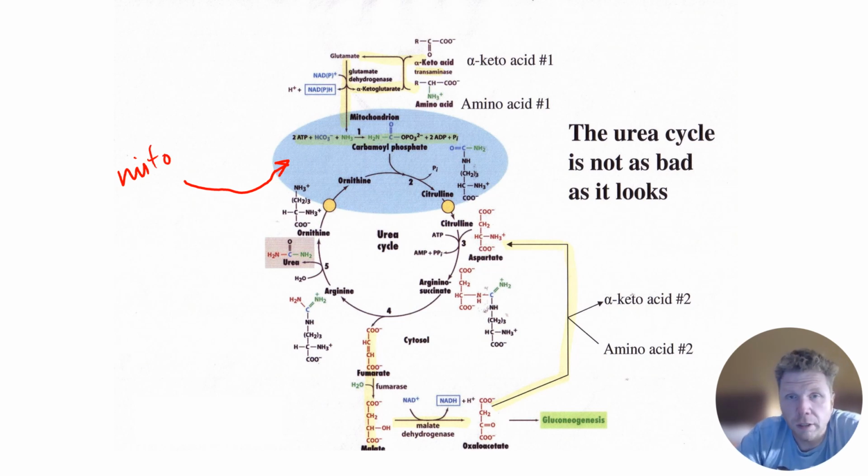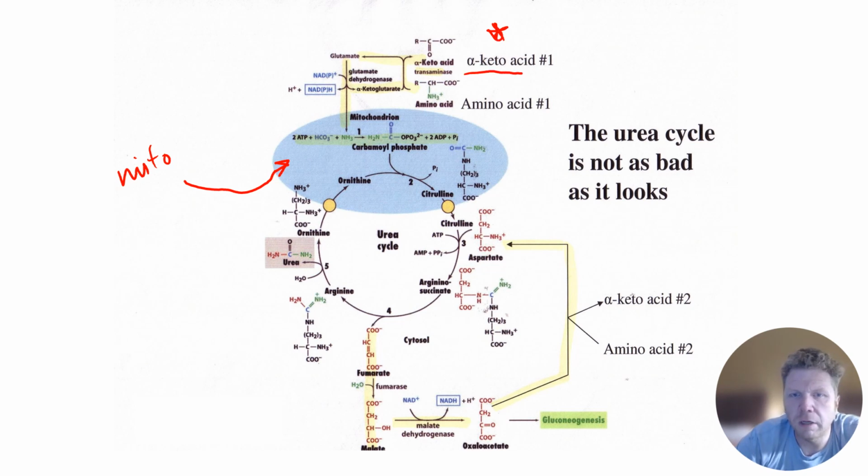We already talked about the malate aspartate shuttle and how we were able to move molecules into the mitochondria and out of the mitochondria, moving our aspartate and alpha-ketoglutarate in and out. Now, recognize that this process takes place in the cytosol and in the mitochondria.